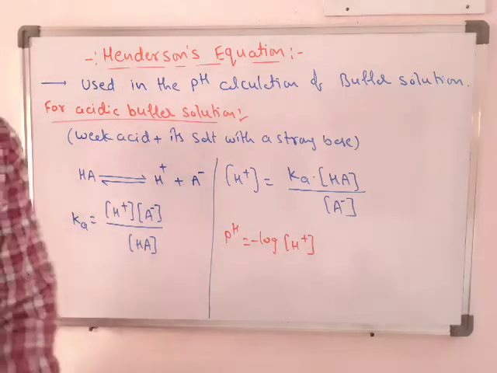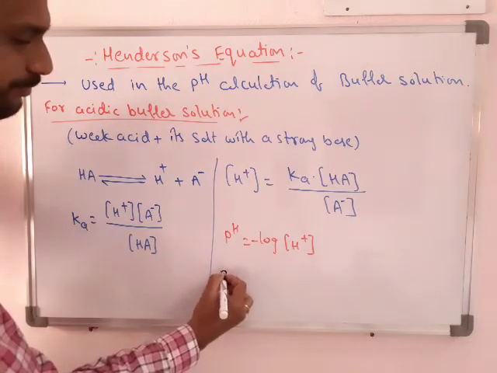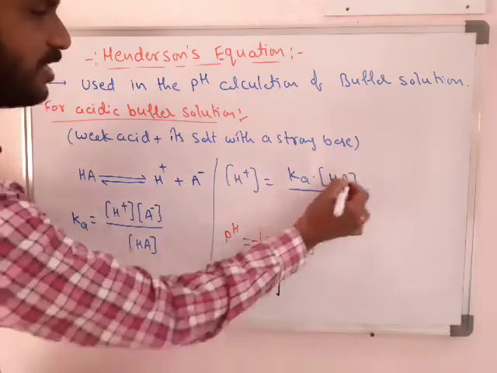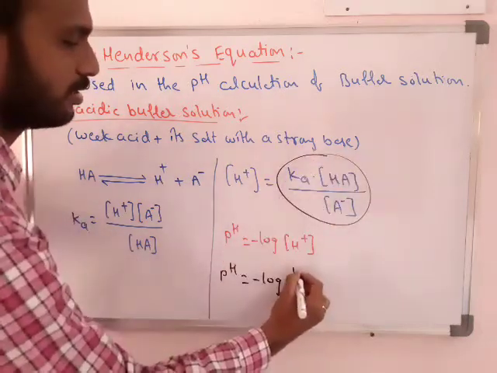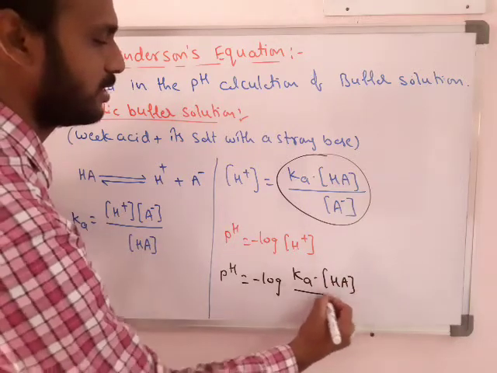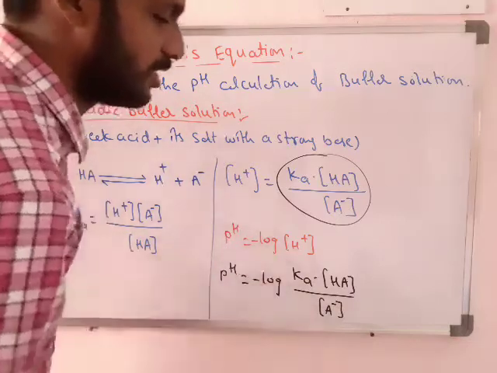On substituting the values, in the place of H plus we have this total value, where HA means weak acid concentration. Here the A minus concentration is important.